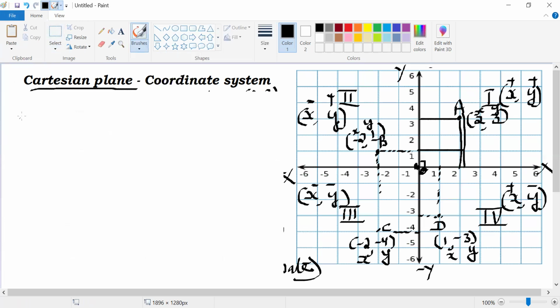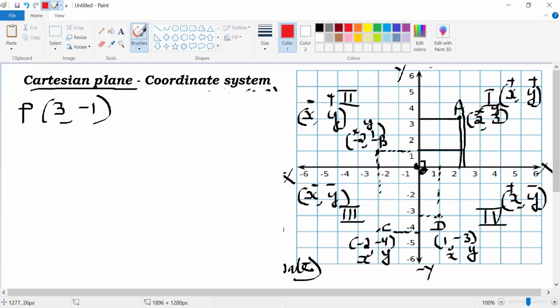For example, suppose a point P (3, -1). Where will I locate that one? x is positive, y is negative, so it will come in the fourth quadrant. x is 3, y is -1.